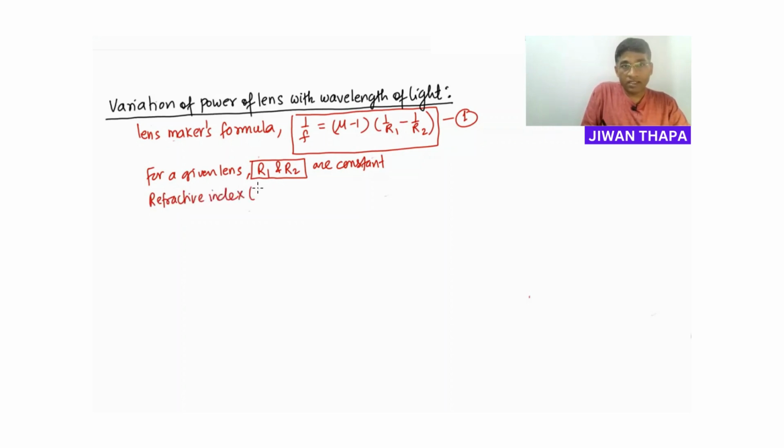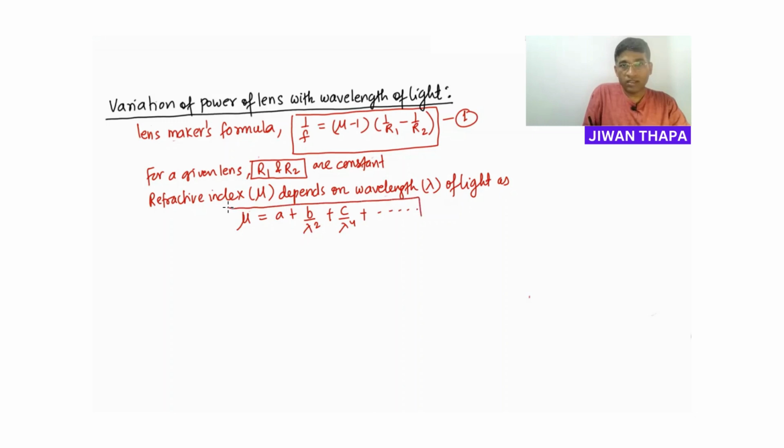The refractive index mu depends on the wavelength lambda of light, as mu equals A plus B by lambda square plus C by lambda power 4 plus so on.